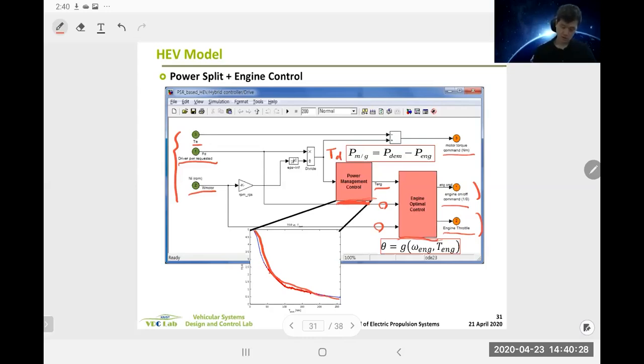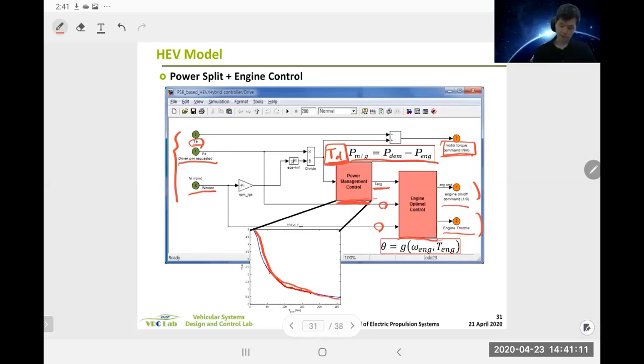And then once we determine what the torque demand is, we can determine motor torque using engine torque, right? So try to understand conceptually what's going on. So we determine torque demand, and using the drivability constraint, we can determine motor torque, and then to provide torque demand, we're going to determine engine torque.